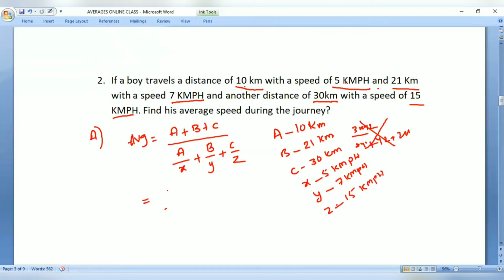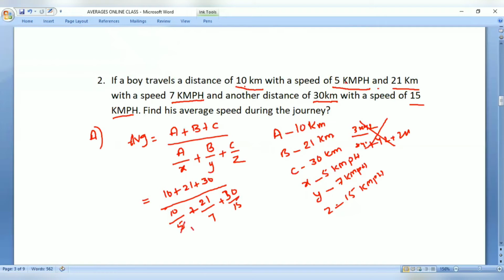A plus B plus C, that means 10 plus 21 plus 30, divided by, what is the value of A? It is 10. What is the value of X? 5. Plus, what is the value of B? 21. What is the value of Y? 7. Plus again 30 divided by 15.